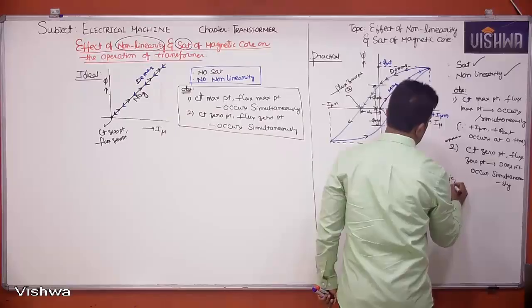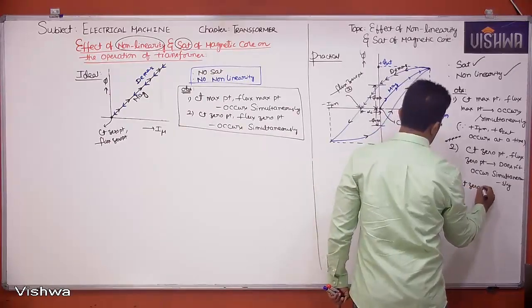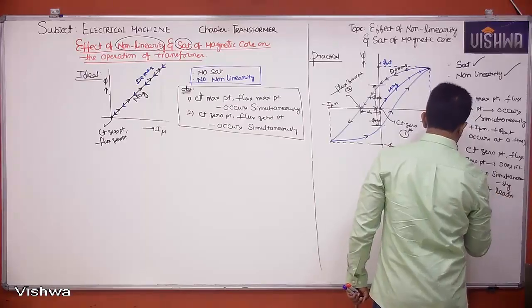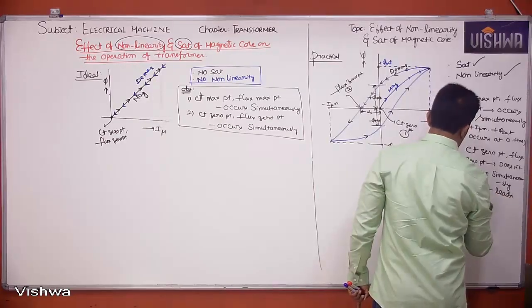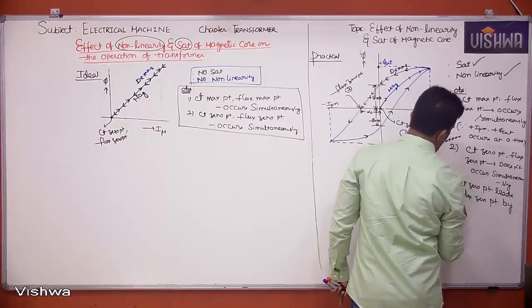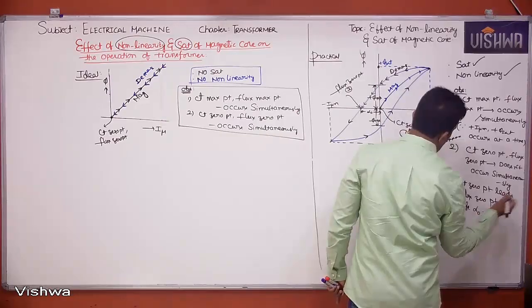That is, I can say like this. Which one is leading? Current 0 point leads flux 0 point by an angle alpha naught.